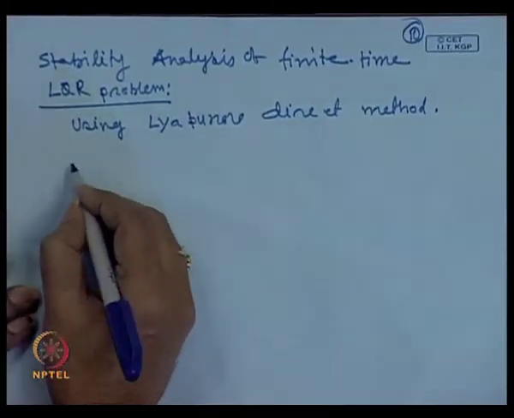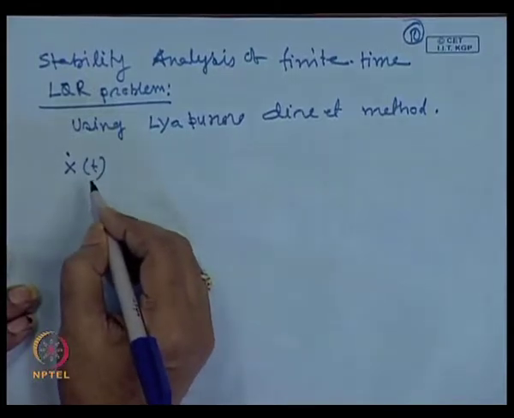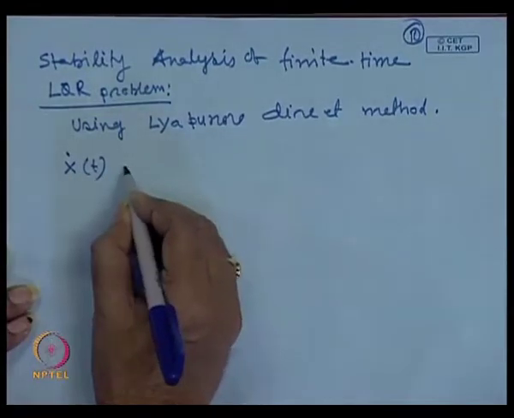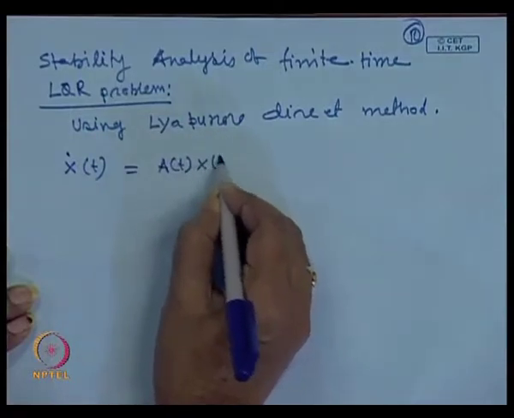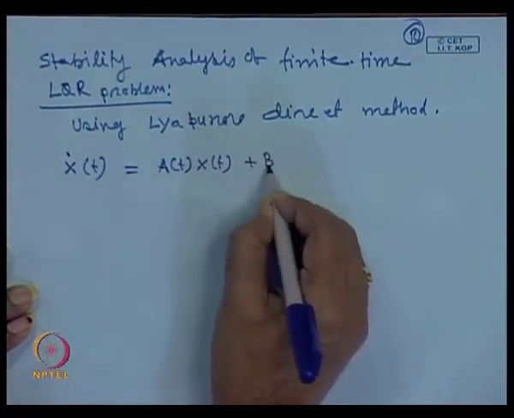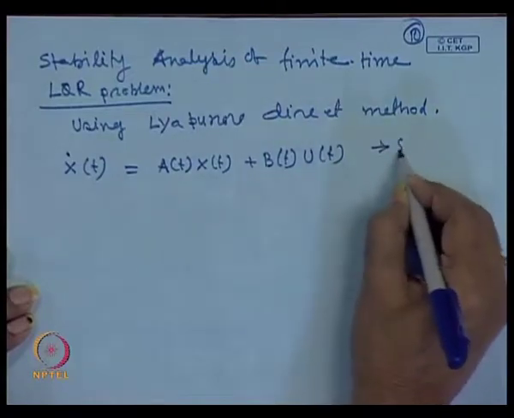If you see, let us consider our system equation x dot is equal to A of t x of t plus B of t u of t. This is our system state equation.